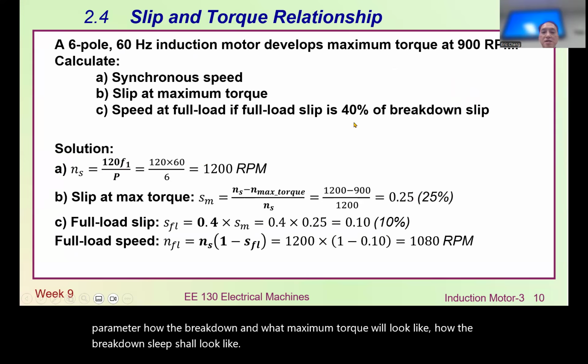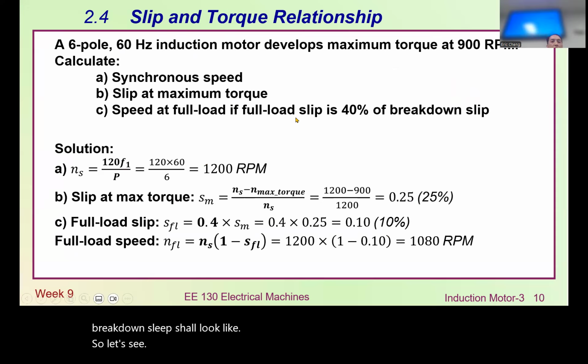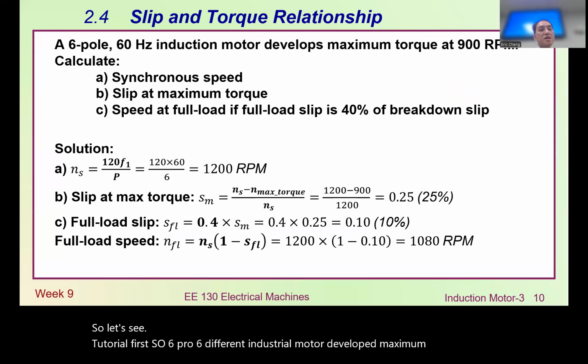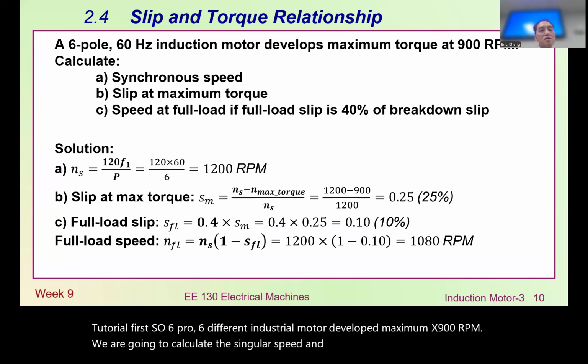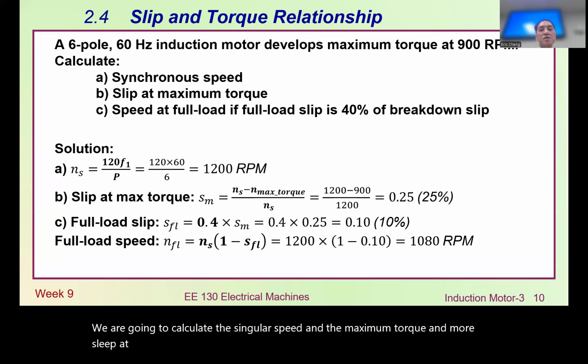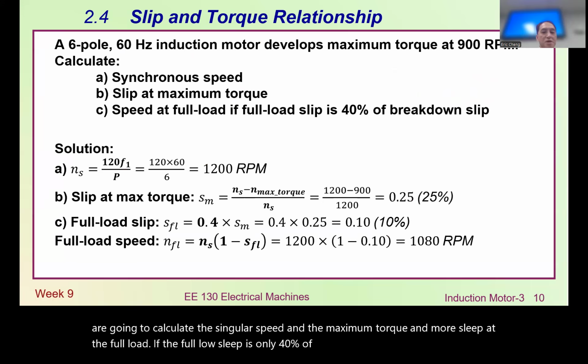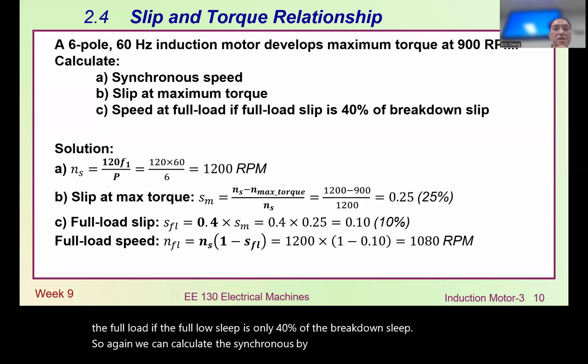So let's see a tutorial first. A 6-pole, 60-hertz induction motor develops maximum torque at 900 RPM. We are going to calculate the synchronous speed and the slip at the maximum torque, and also the slip at full load if the full load slip is only 40% of the breakdown slip. Again, we can calculate synchronous speed using the same formula.